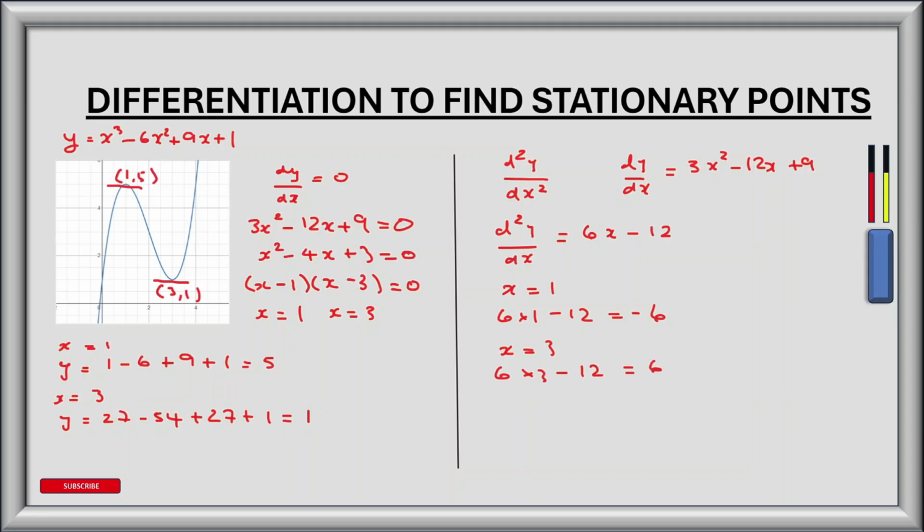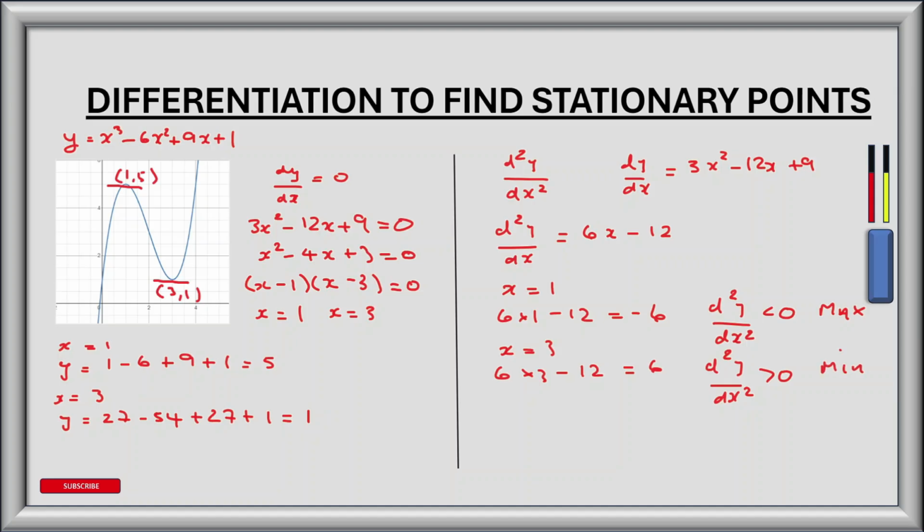So what does that tell us about whether the point on the curve is a maximum or minimum point? If d2y by dx squared is less than 0, then it's a maximum. And if d2y by dx squared is greater than 0, then it's a minimum.